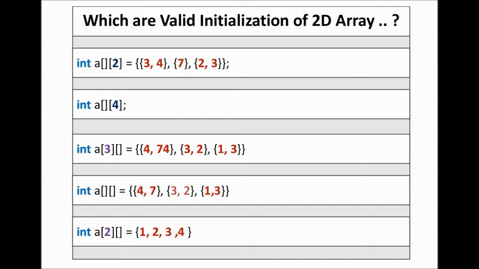At the fourth, we initialize an array int a[][] with empty brackets, and we store data 4, 7, 3, 2, 1, 3. And the last one is int a[][2], and in this array we store data 1, 2, 3, 4. So the question is, which are valid initializations of 2D arrays and which are not?